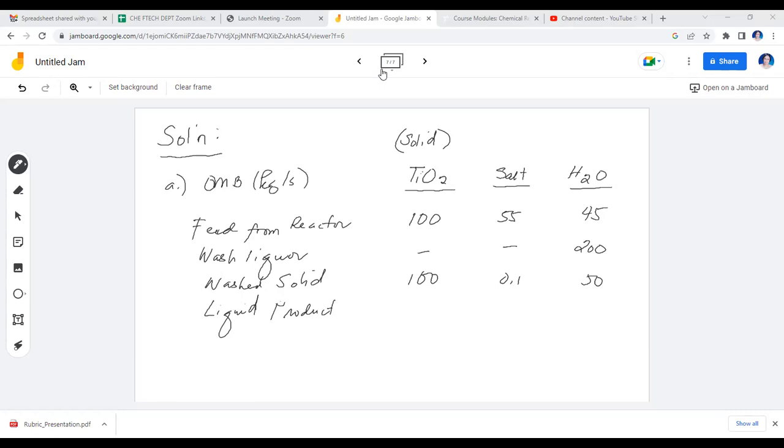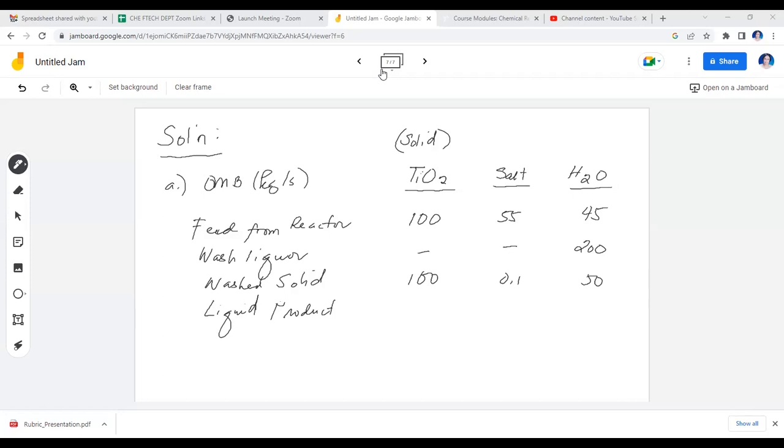Very good, Jeanette. If you can read what's on the chat box, it's based on the statement for this scenario that the thickener removes 0.5 kilogram of solvent, the solvent is water, per kilogram of pigment. If the pigment processed is 100 kilograms per second and it removes 0.5 kilograms, then 0.5 times 100.